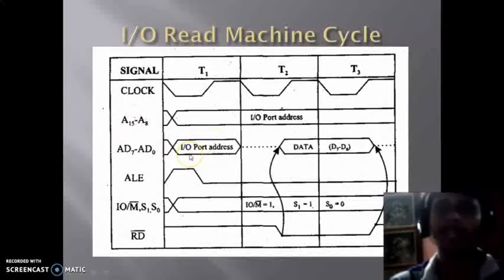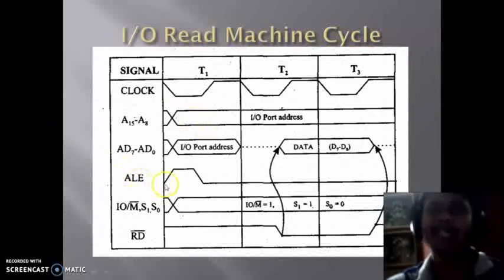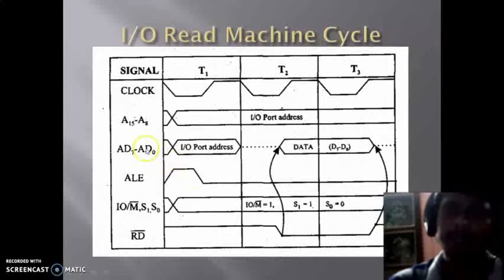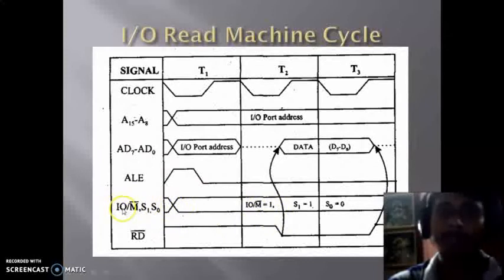But in case of the input output mapped IO technique, either the lower order address or higher order address 8-bit address bus will be used, and ALE at that time will be high, and it will behave like a lower order address bus. This is an input output related operation, so IO/M bar will be equal to 1.